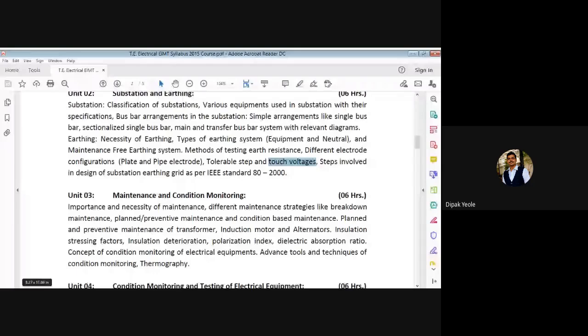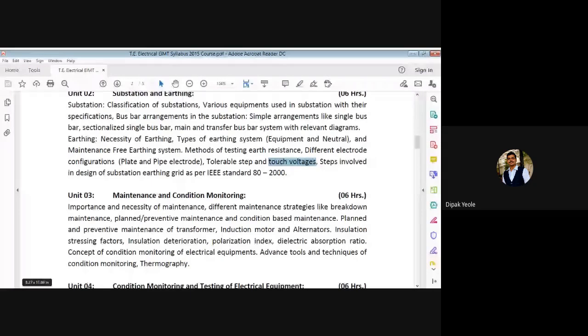If a person places his foot in between these two different voltages, then he or she will get a shock. The difference between the two voltages obviously leads to current, and if current flows through our body, we get a shock. That is related to step potential.